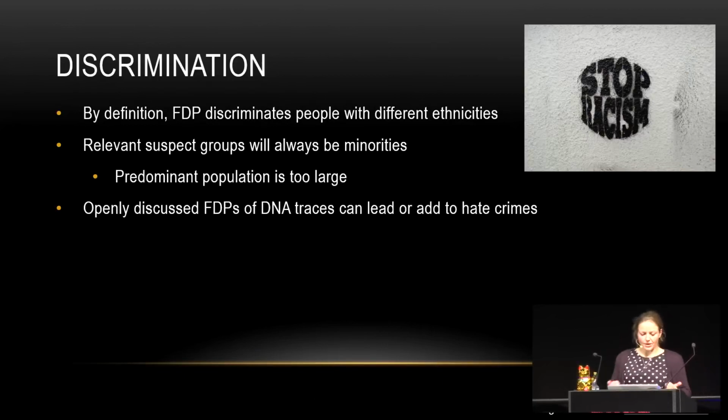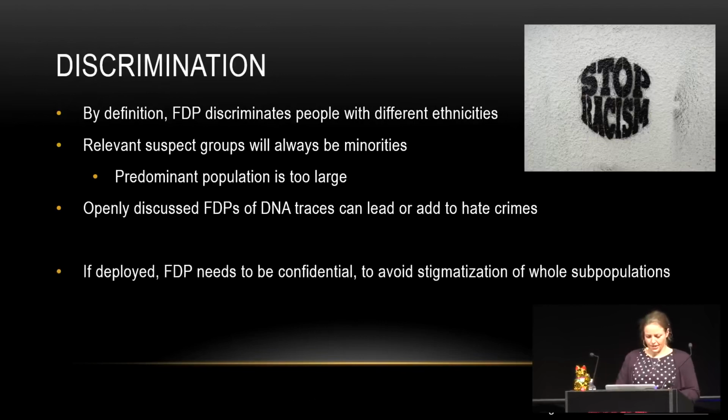And openly discussed forensic DNA phenotypes of a DNA trace to a crime will probably lead to more hate crimes or add to the hate crimes that are already in place here. And so if deployed, forensic DNA phenotyping needs to be confidential and needs to avoid stigmatization of whole subpopulations.